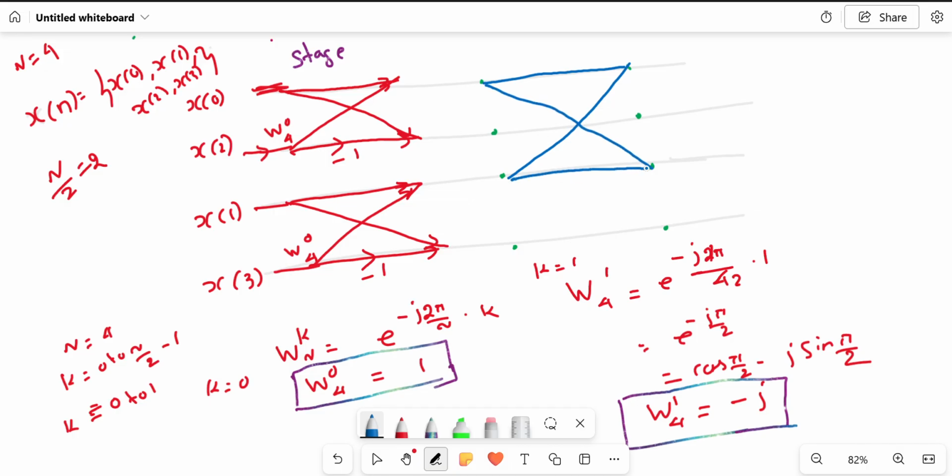So lower wing should have -1. The second butterfly will take this one.